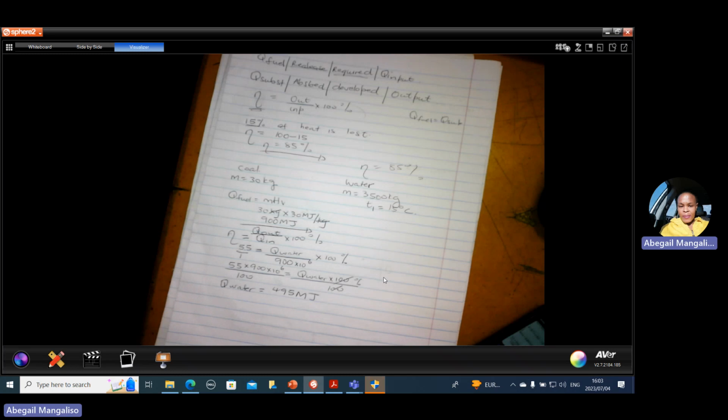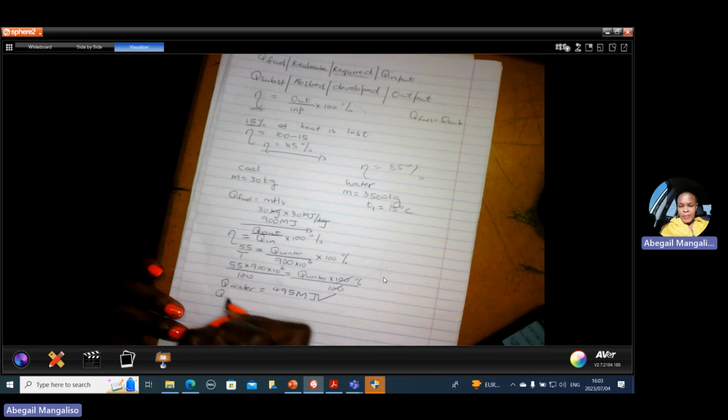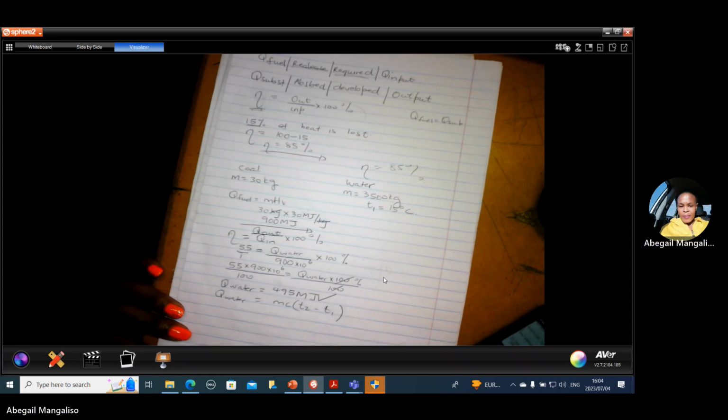Next question. We're looking for the final temperature of water. We have Q of water. So this Q of water is equal to MC into T2 minus T1, where Q of water is 495. Now the left-hand side must have the same units as the right-hand side.